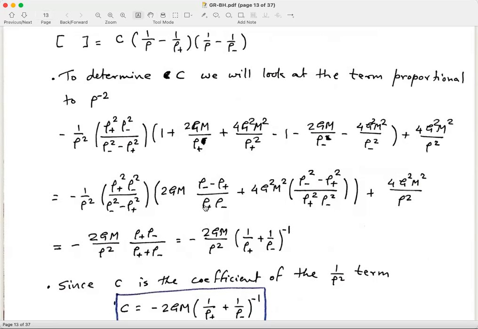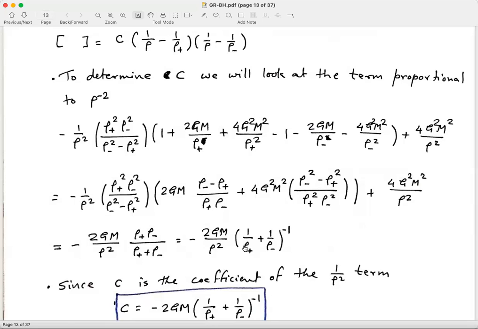One of the ρ+ρ− terms cancels out here. This has the factorization: ρ− plus ρ+ and ρ− minus ρ+ cancel, and ρ− plus ρ+ survives. So this is the eventual expression. The term quadratic in G and M cancels out, the term linear in G and M simplifies. And we know that this can be written as partial fractions in this particular form.